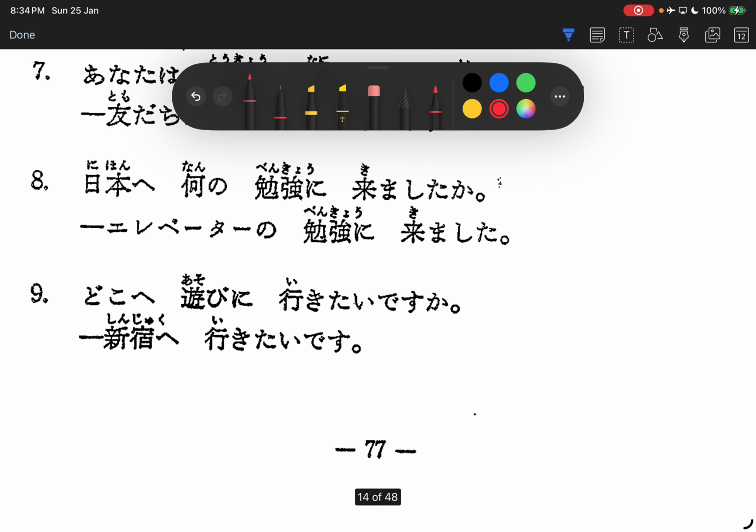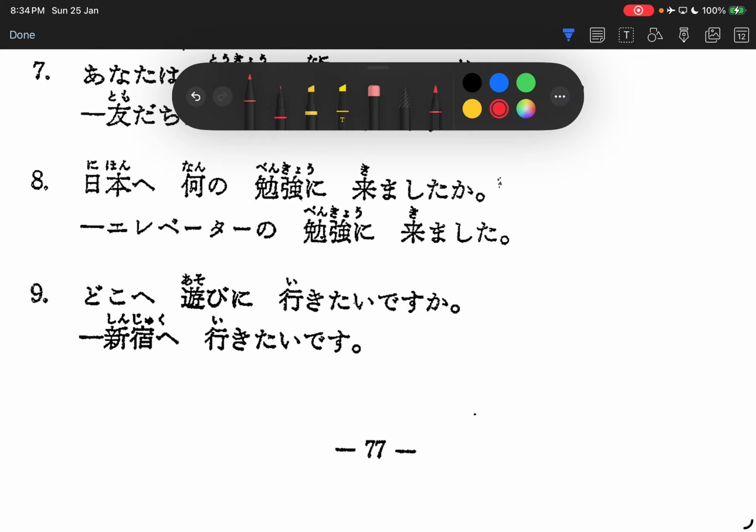Number 8. 日本へ何の勉強に来ましたか？ So 何の, what? 什么的读书, like study of what. Remember 勉強 is study, right? So for the purpose of study of what you come. 何の勉強に来ましたか？エレベーターの勉強に来ました。So 勉強 is study, elevator is elevator, so study of elevator に来ました.